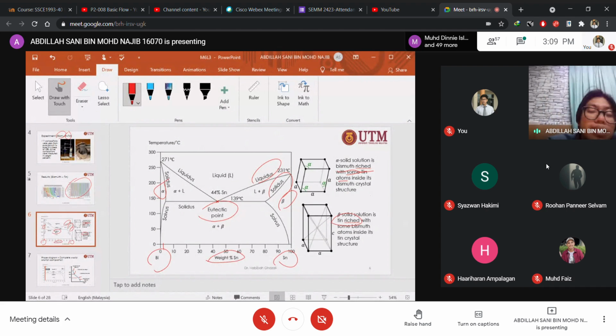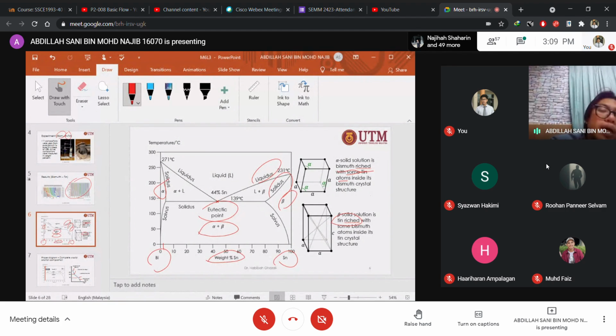In between them, there is a mixture of phases, so some amount of alpha, some amount of beta.